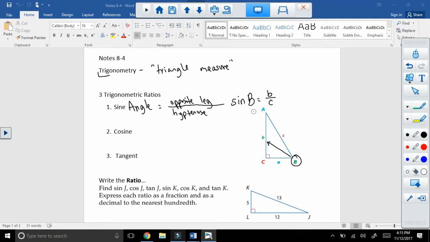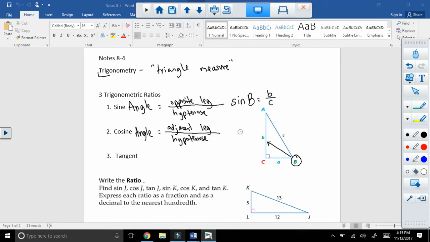So this is just a ratio, like any sort of ratio. This is just a common one with a special name called sine. The next one, the cosine of an angle. So cosine of an angle is, now it's going to be the adjacent leg over or divided by the hypotenuse.